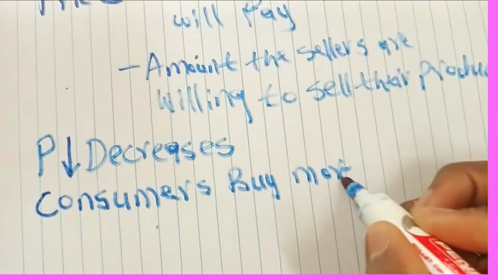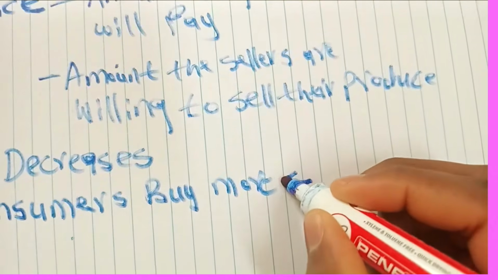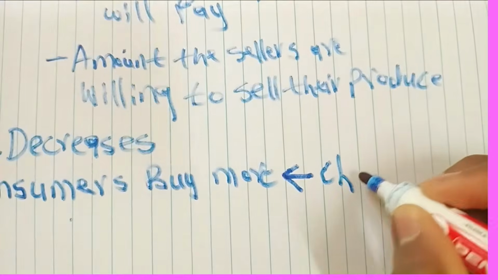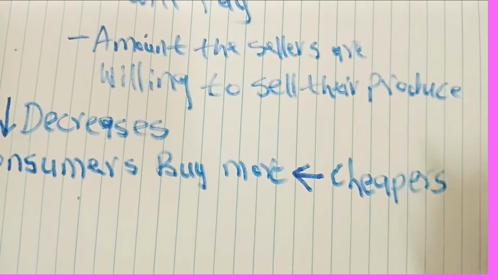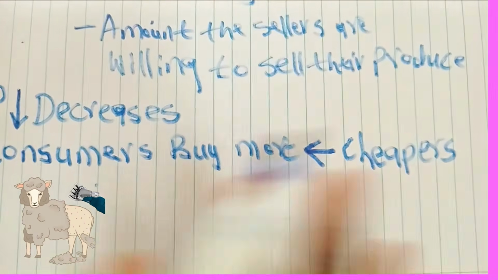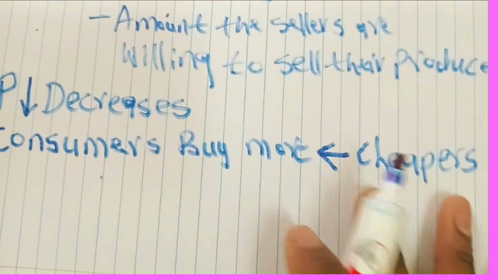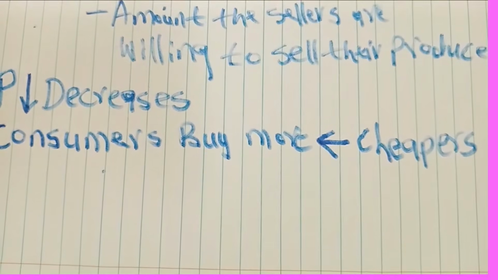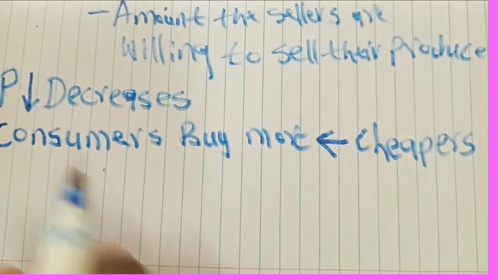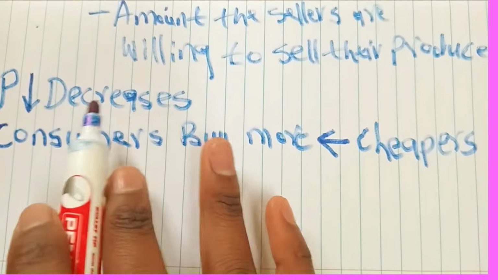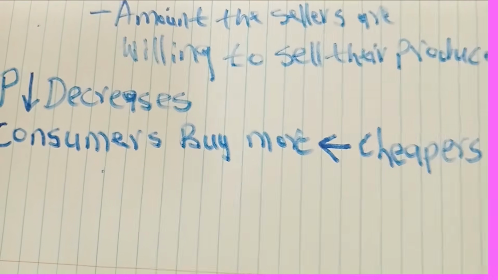They buy more because of the cheaper price. What we are selling is cheaper, more attractive. It's not expensive. That means you can afford to buy more, because the price has decreased, making these goods attractive to them.